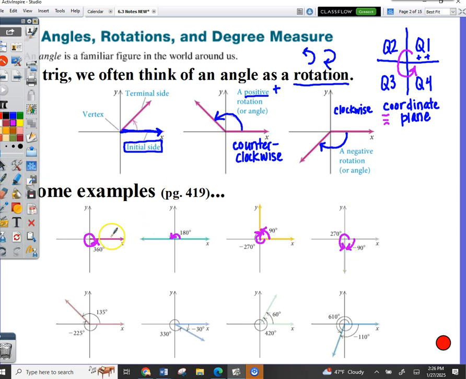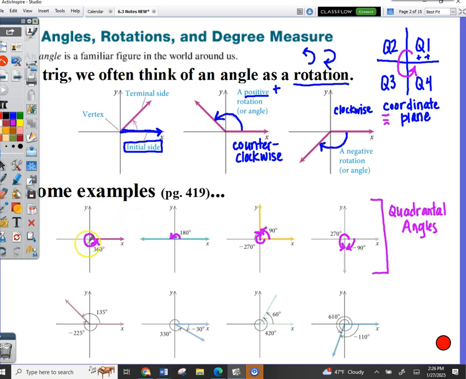These four examples are called quadrantal angles. Quadrantal angles. Sounds like a word they made up. It is an angle that is landing on one of the four quadrant axes.